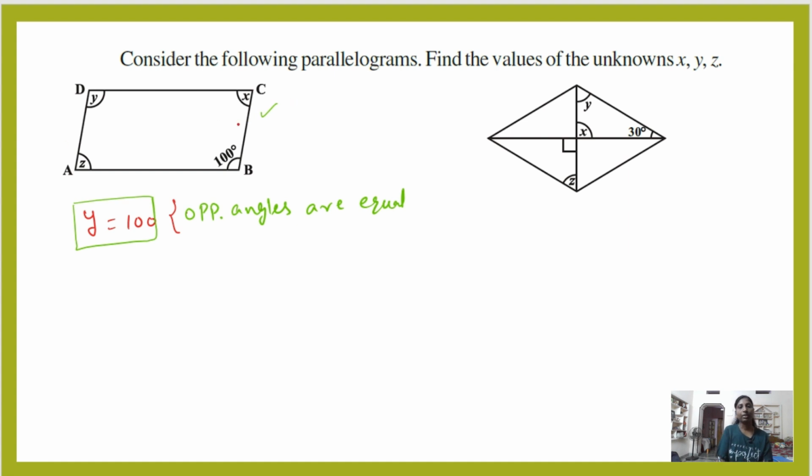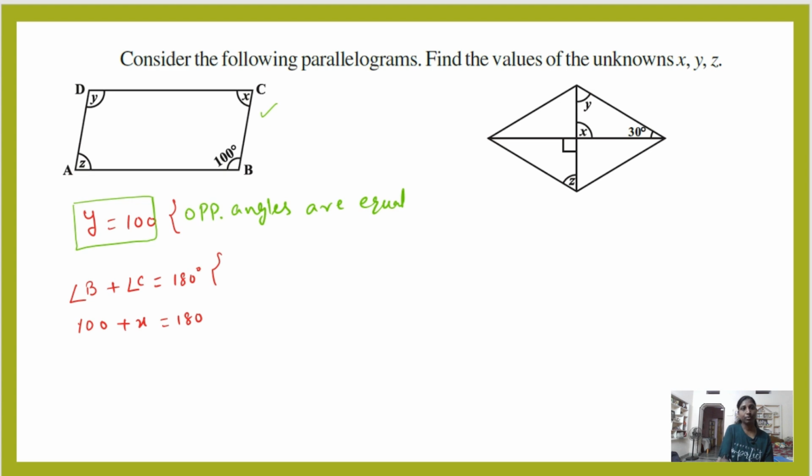Now we can find out the value of x by using another property of a parallelogram. And what is that? See here, B and C are adjacent angles. So angle B plus angle C is equal to 180 degrees. What is angle B? 100. And what is angle C? x. So 100 plus x is equal to 180. What is the reason?